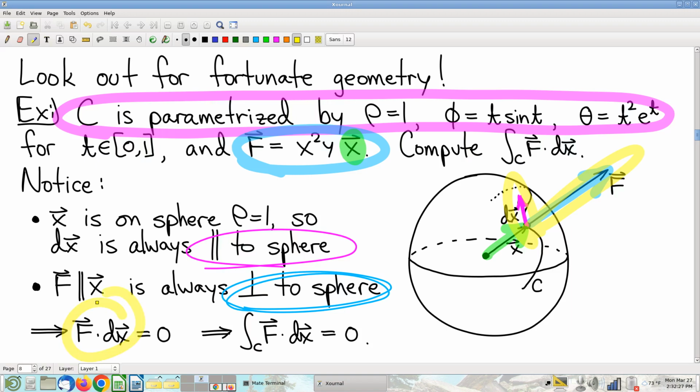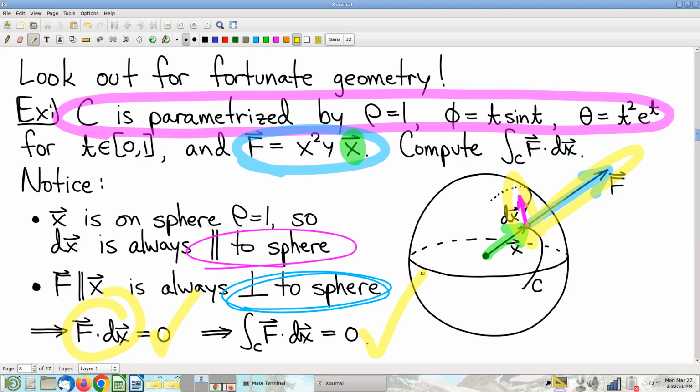That means that this dot product is equal to 0. That means that my integral is equal to 0. Didn't have to do any nasty trig from this parameterization or compute an antiderivative for the integral or nothing. Just dot product is 0. Integral is equal to 0. Everybody see how that happened?